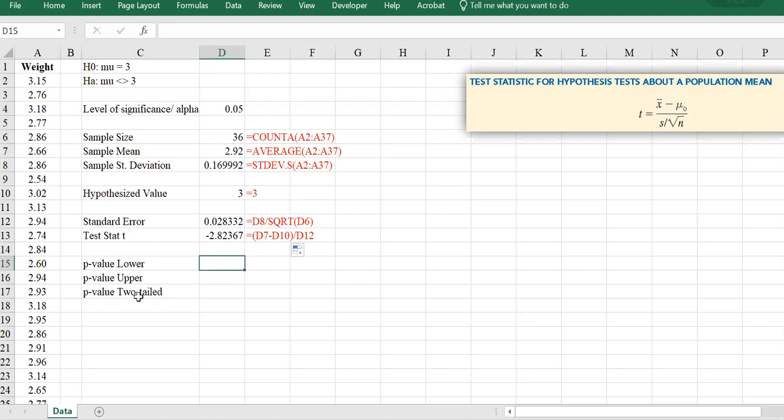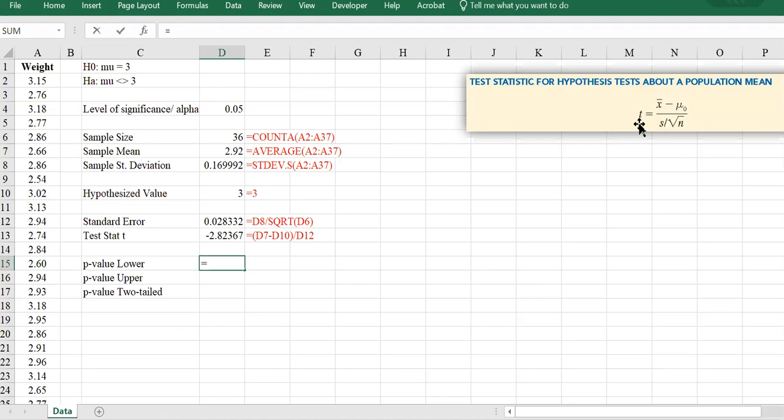In either case, this test statistic, we call it T. And the reason for that is because this is following a T distribution. We already know this from interval estimation for the population mean.